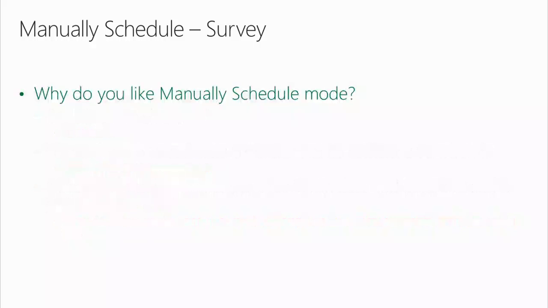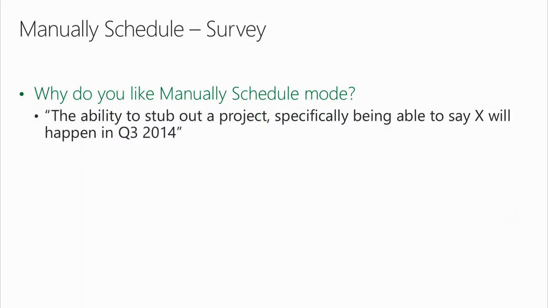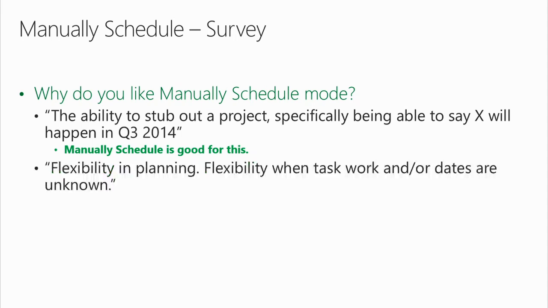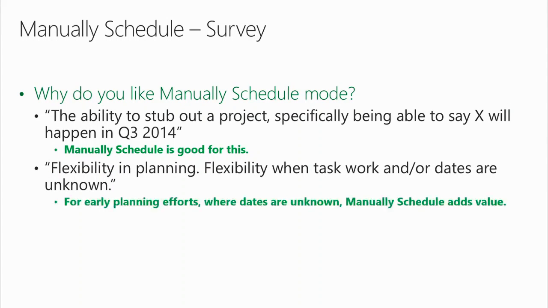Why do you like manually scheduled mode? "The ability to stub out a project, specifically being able to say X will happen in Q3 2014." Manually scheduled mode is good for this. Early planning efforts. Top-down planning. Flexibility in planning. Flexibility when task work and/or dates are unknown.